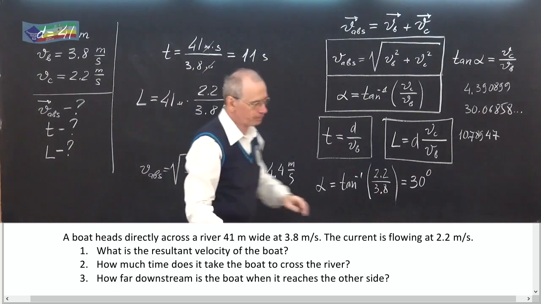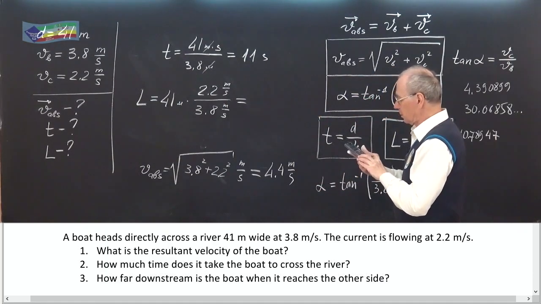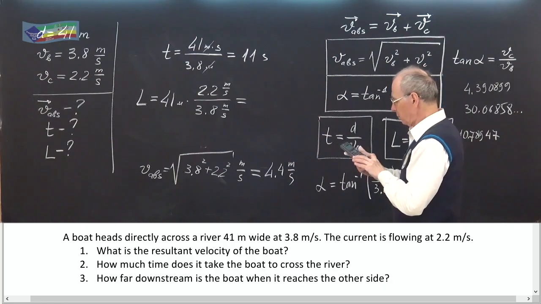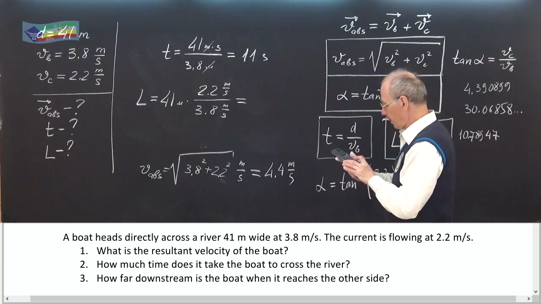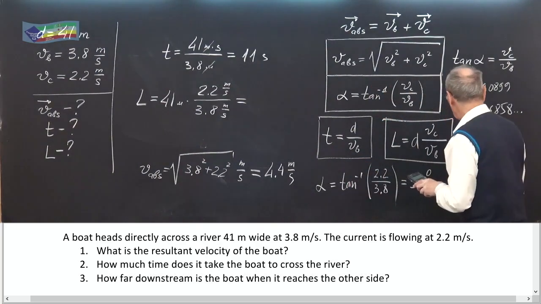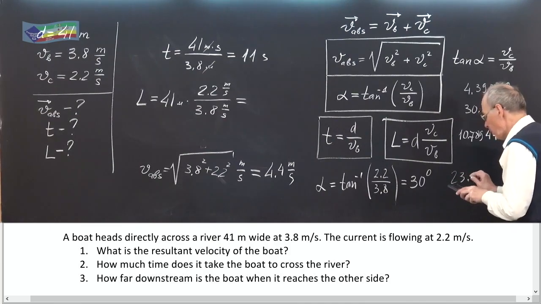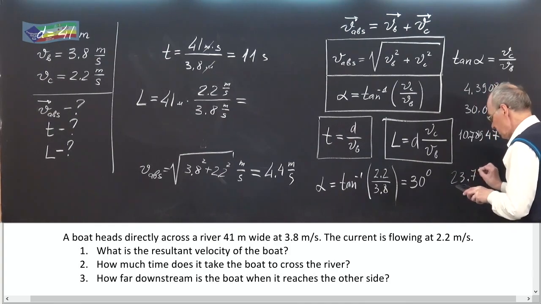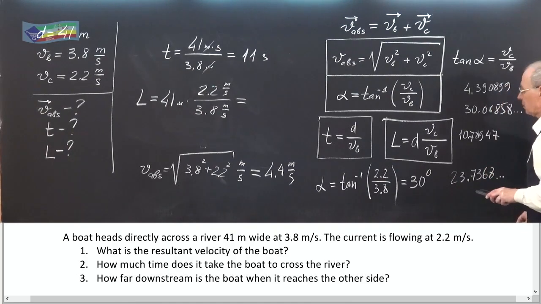That gives 41 times 2.2 over 3.8, which is 23.7368 and so on.